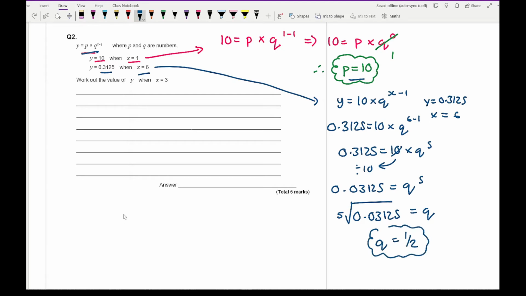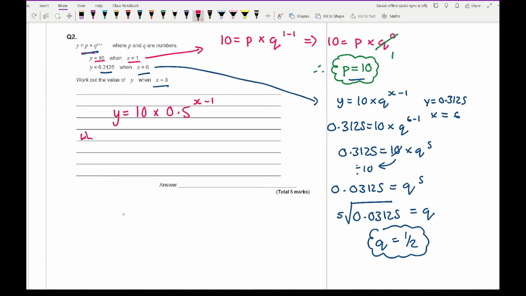Now that's not the final question, because the question doesn't ask me to find p and q, it asks me to find y when x equals 3. So the formula then is y equals 10 times 0.5 to the power of x minus 1.